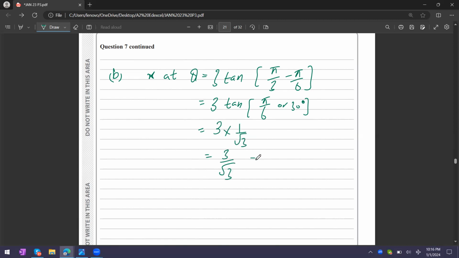If you rationalize by multiplying up and down with root 3, it is going to become root 3. It's the same thing. I hope there is no doubt here. So we have the x coordinate as root 3, and y is given as pi by 3.